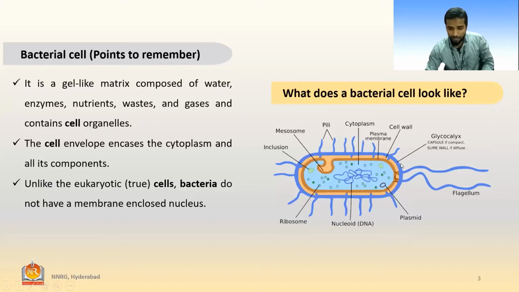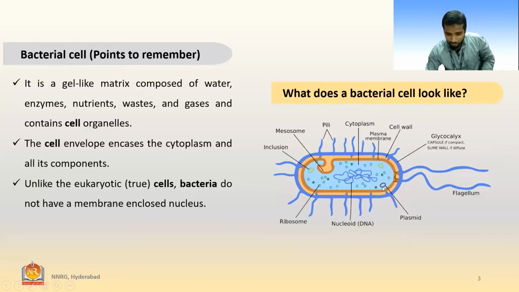Then followed by that, we have a cell wall, and after that we have the cytoplasm inside it. Okay, this cytoplasm contains ribosomes and mesosomes. This is the intrusion into the cell structure. It is called mesosome. And we also have a plasma membrane enclosing the cytoplasm.